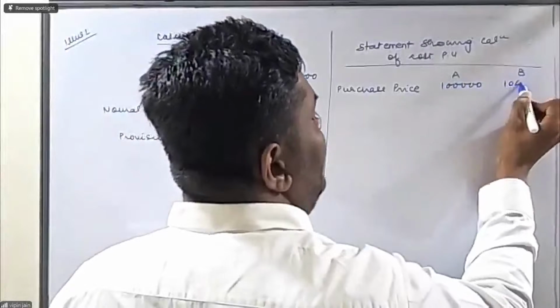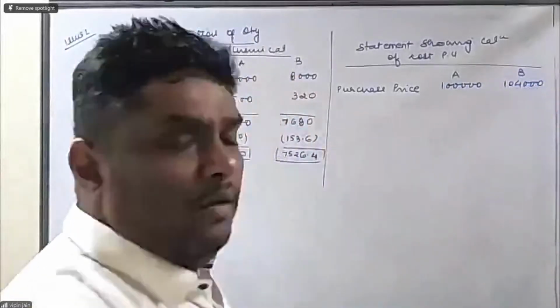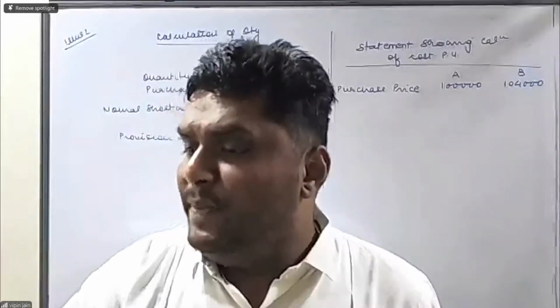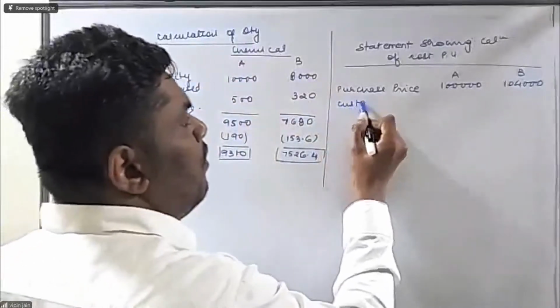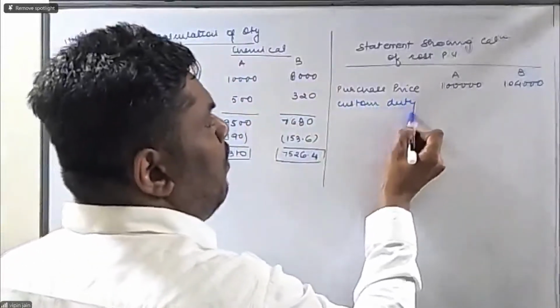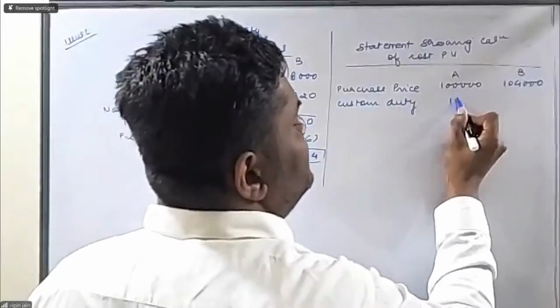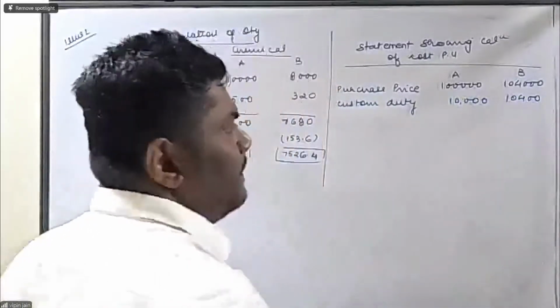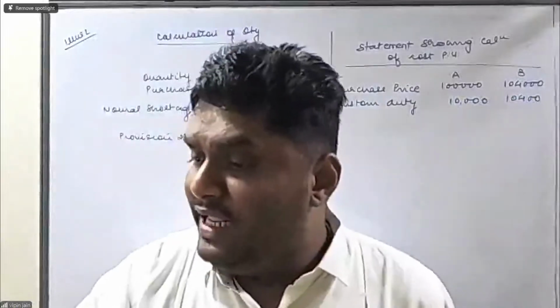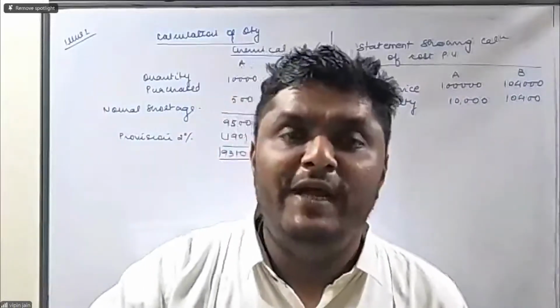And it is 1,04,000. Further, the custom duty paid is at the rate of 10%. So it is 10,000 and it is 10,400. Further, the railway freight paid is 3,840.